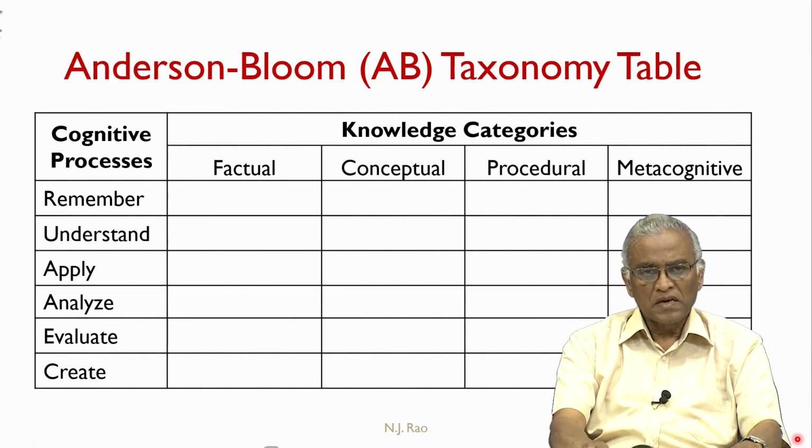Here we slightly altered this, interchanging rows and columns, because when we write the outcome of any learning activity, we start with the cognitive action verb related to one identified cognitive process, and then it is followed by the knowledge elements.